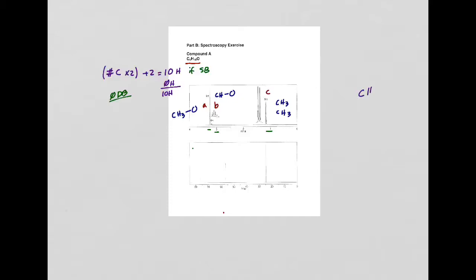I'm going to have a CH3 and another CH3 attached to a CH. If I do that, these would be my C peak, and this is my B peak. That means there is 1 peak left, the A peak.